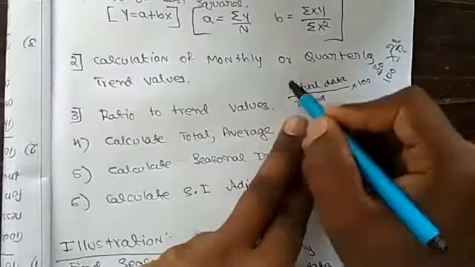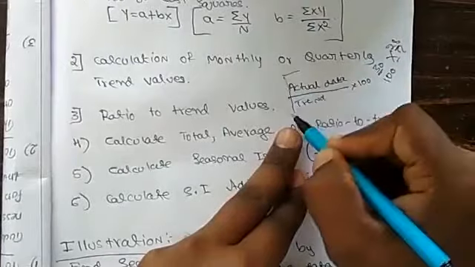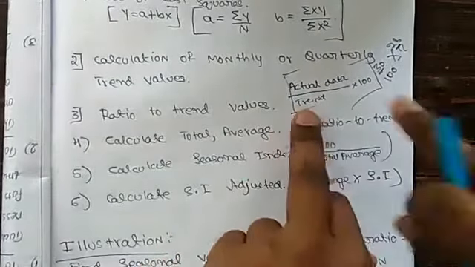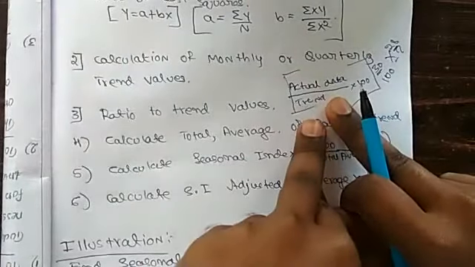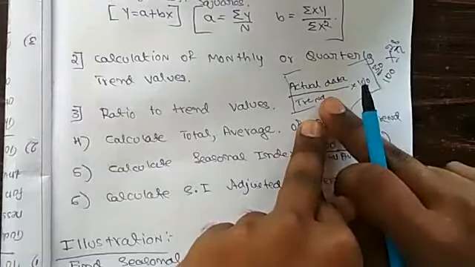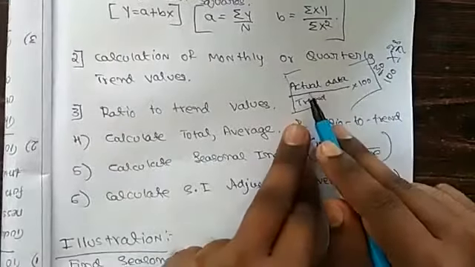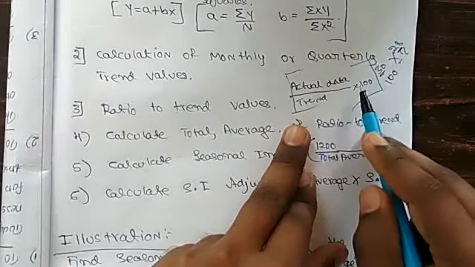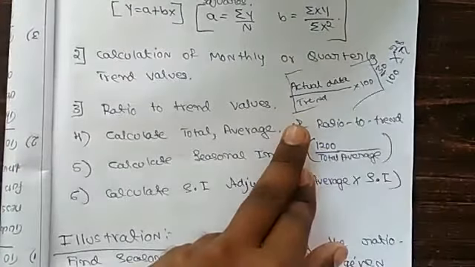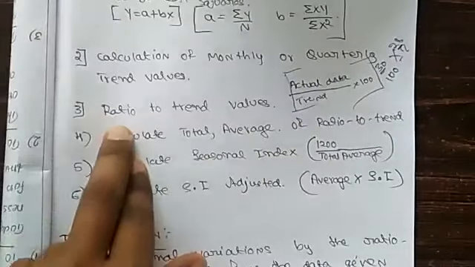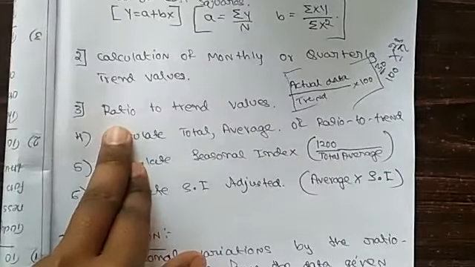With this formula, we can find it. Likewise, you have to find ratio to trend values for each quarter of each year. Remember this formula: actual data divided by trend value for the particular quarter or month, into 100. So that is the third step, ratio to trend values.